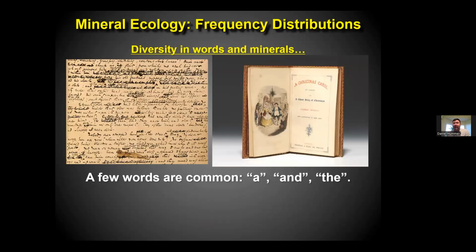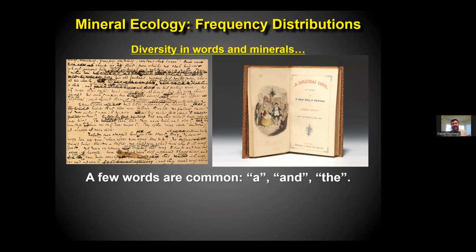Okay, if you think about opening up a book to a random page and picking out a random word, what word are you likely to see if you go through that totally random process? Well, some of the words that you're most likely to see are a, and, the, is, at least in English. In French, perhaps you're likely to see et, and other things. So those words are very, very common.